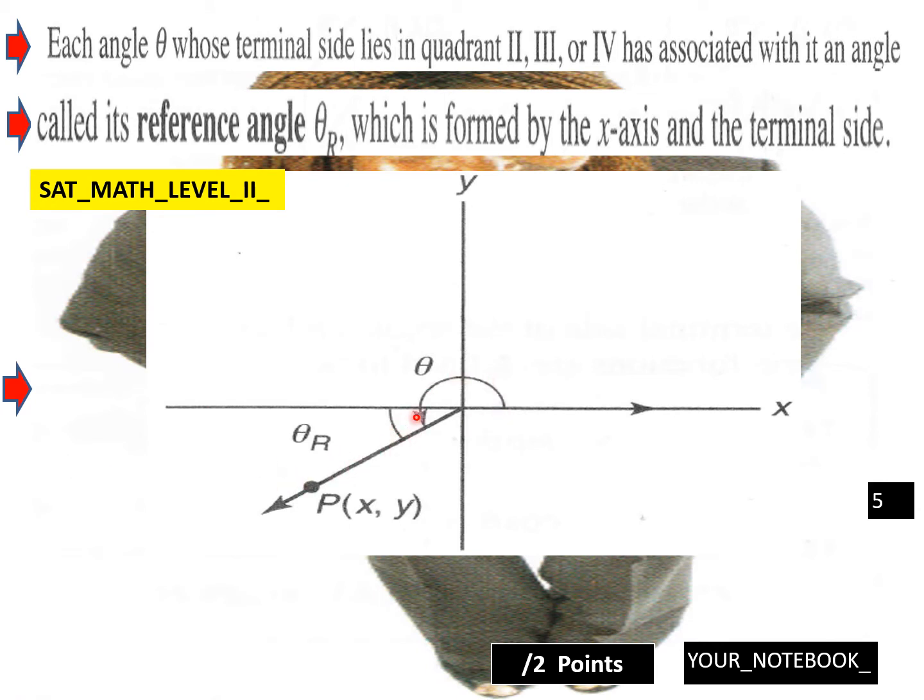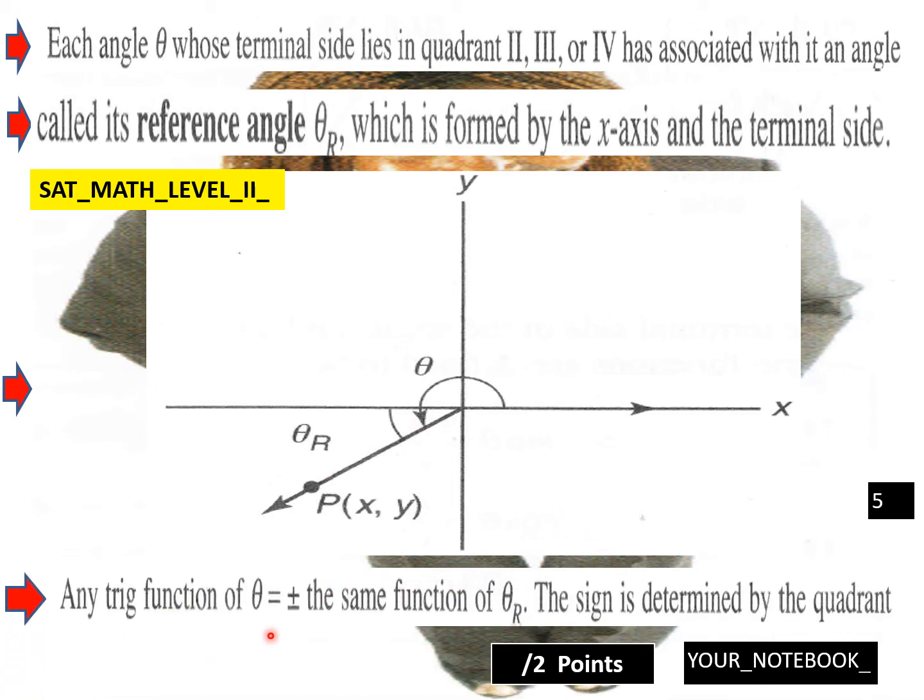Here's theta, and the reference angle will be theta r. This will be theta r, which is your reference angle, from your x-axis to this terminal side, and then theta would start from the initial side and go like this, whereas this is your reference angle. There are two different angles in this situation.